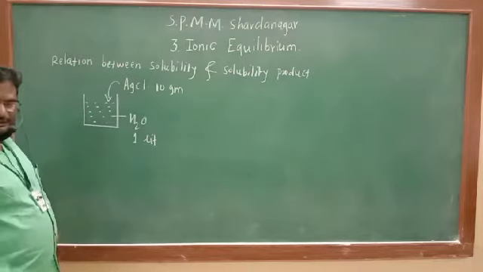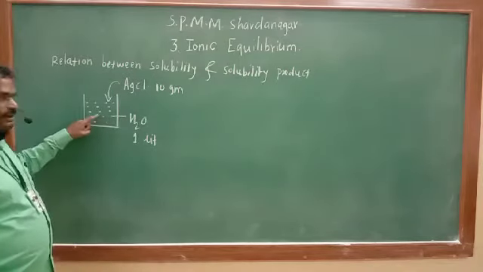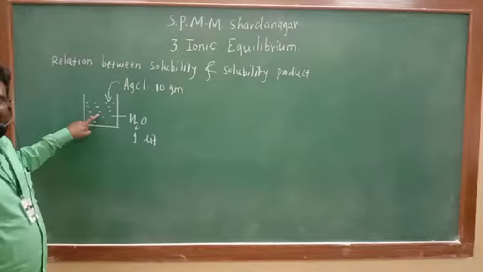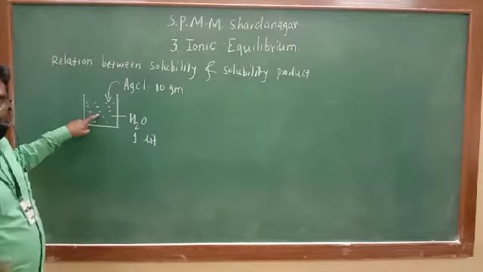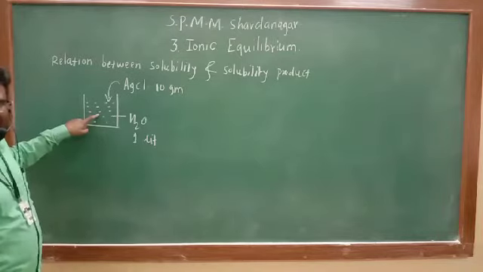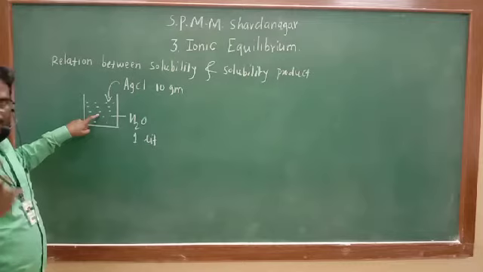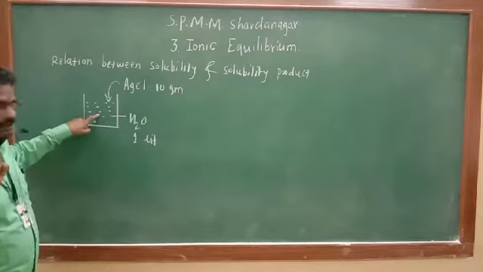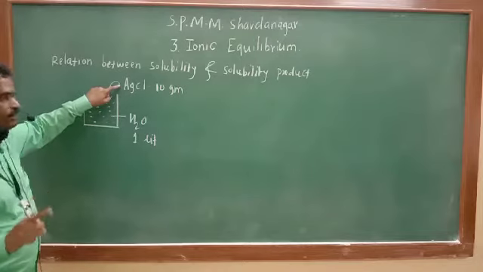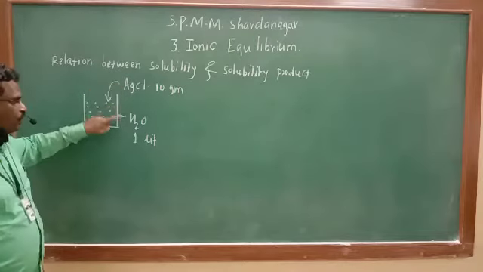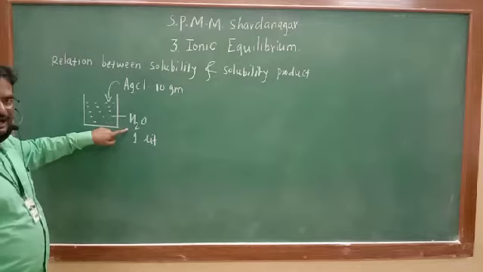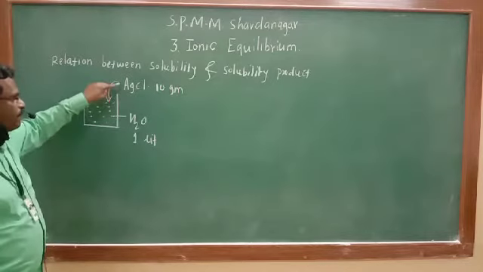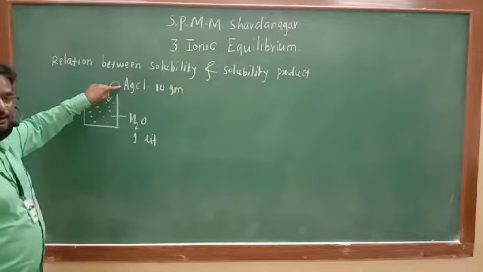Now let us consider 1 liter of water has the capacity to dissolve 0.1 gram of silver chloride.